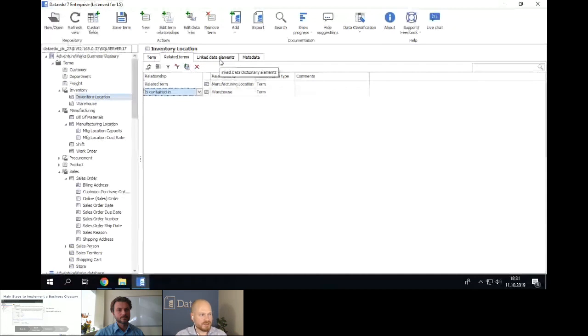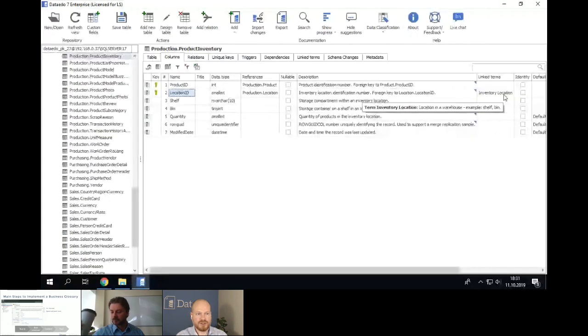You can see here that the inventory location term is linked to a product inventory table and the location ID column. I can jump to the definition of this table, and these are the columns, and you can see that the location ID column is linked to the inventory location along with the definition.